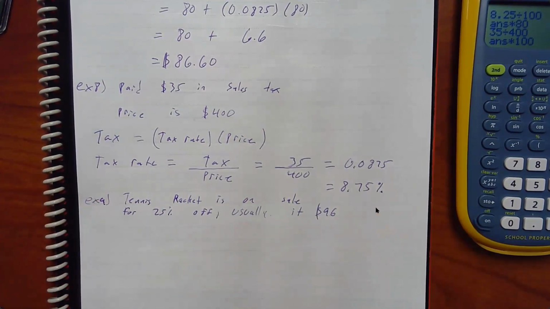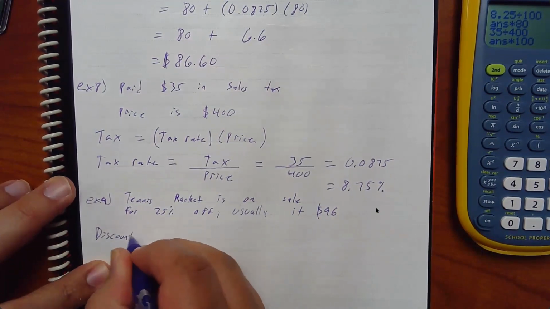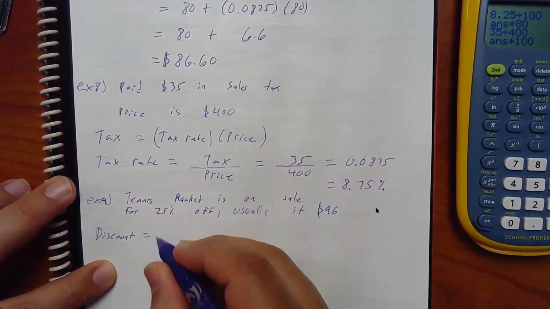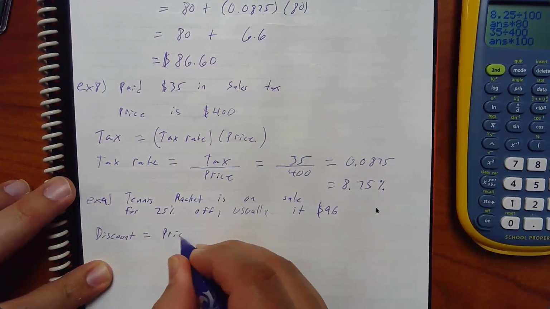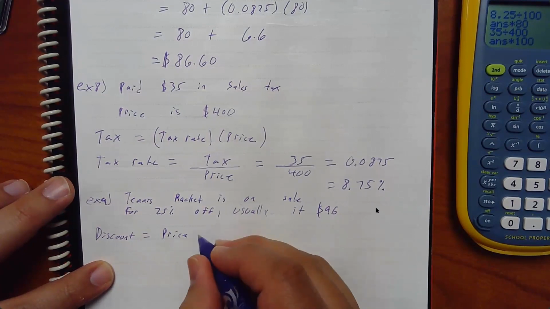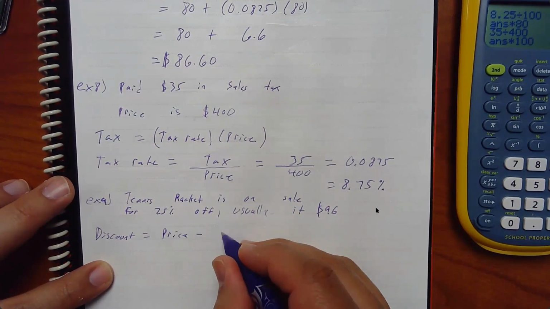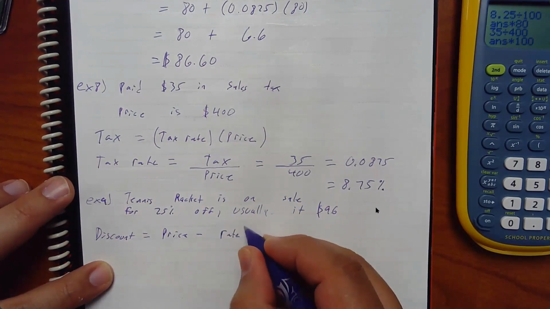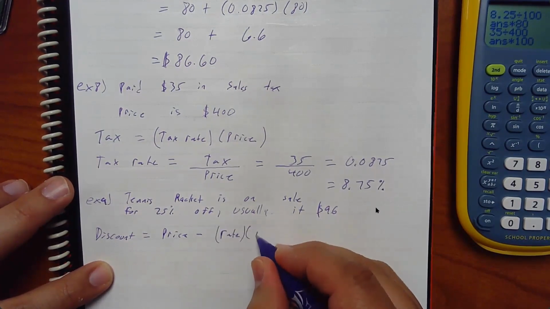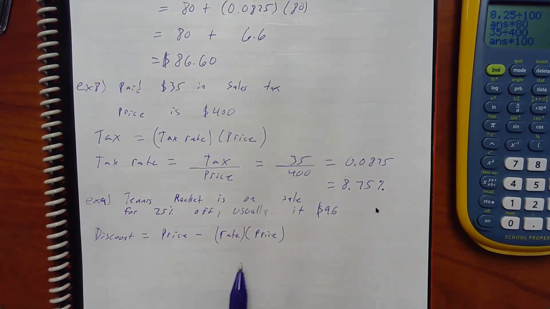So if you take 25% off, so discount, is going to be the original price minus the rate times the price.